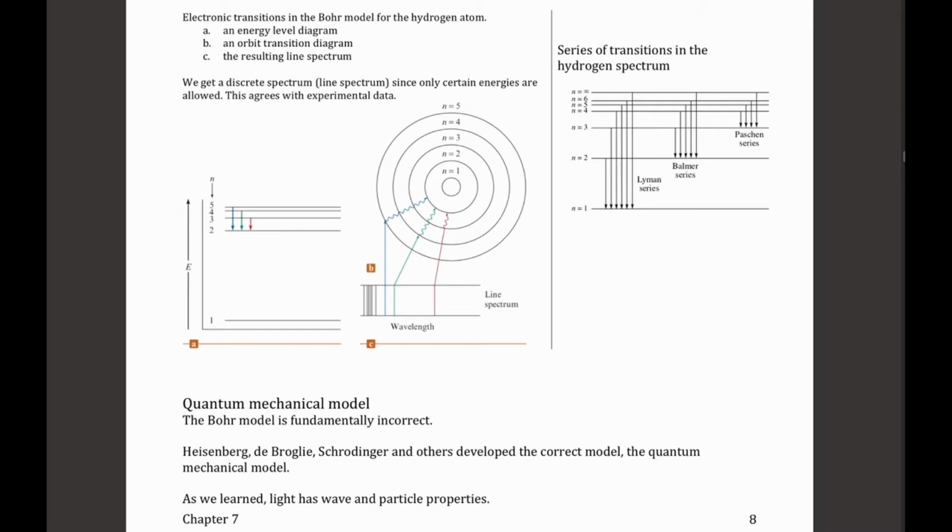We get what is referred to as a discrete line spectrum, since only certain energies are allowed. Remember that in the Bohr model, the electron can only be in certain orbits. It can't be halfway between two orbits. It can only be at the one orbit or the next orbit or the one after. There's an infinite number of orbits, but they're all discrete ones.